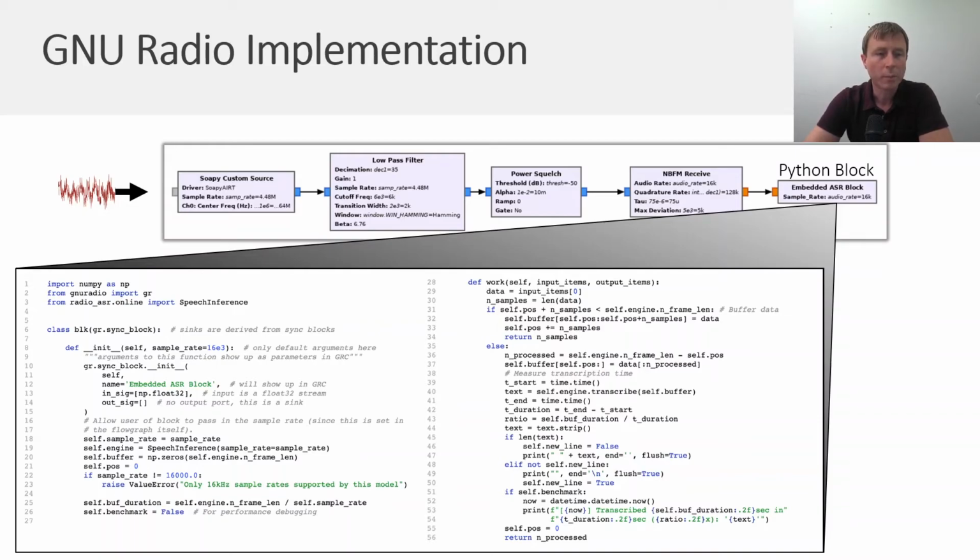And you'll notice a couple of things. One, on line 3, we're importing from our Radio-ASR a speech inference tool. And that is the main function of the work function here in the Python block.